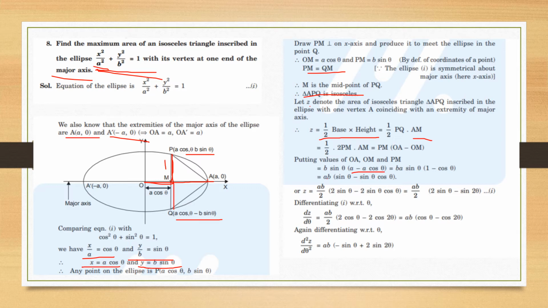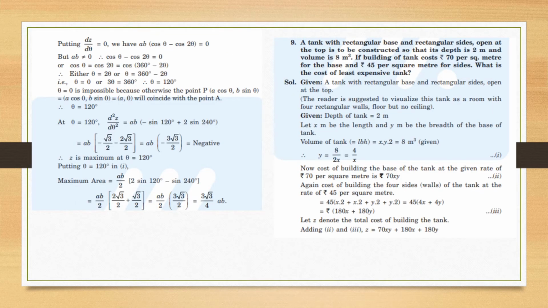Open it. So Z is this complete expression, changed to sine and cos. Find dz by d theta and the second derivative. To find the critical point, put it equal to 0. We get theta is either 2 theta or 360 minus 2 theta, that is, either 0 or 120.